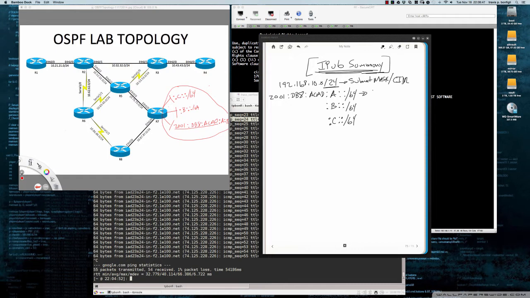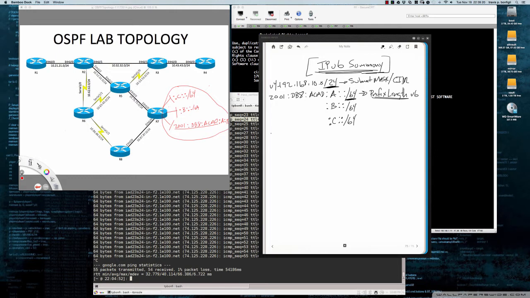However, with IPv6, this is referred to as the prefix, and shouldn't really be a dash there. So with IPv4, it's the subnet mask, and that's CIDR slash notation. And with IPv6, we need to make sure that we refer to it as the prefix length.